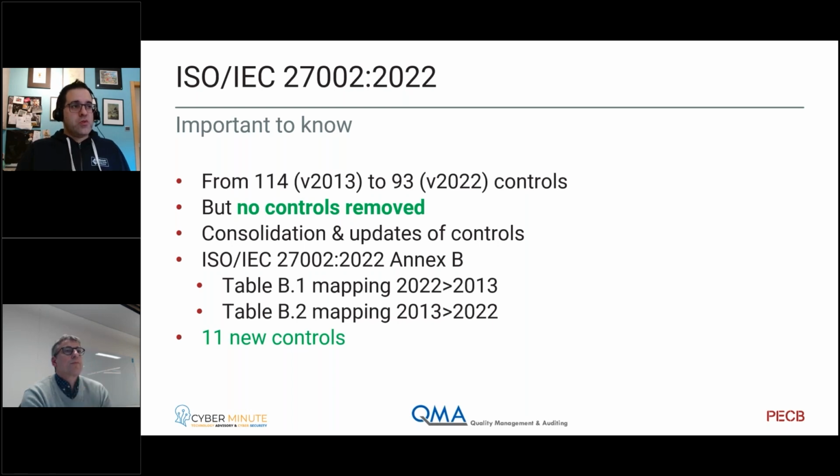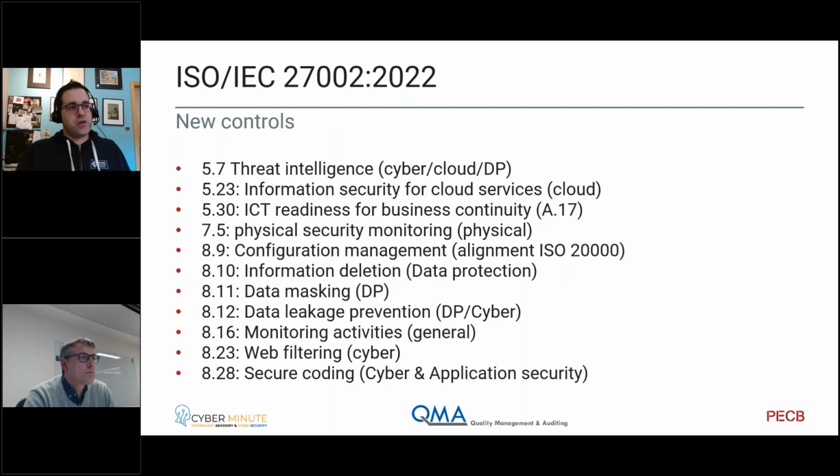Very important to know, not only have we been reducing from 114 controls to 93, strangely enough, there will be also 11 new ones to implement. It should not be a surprise, because in many implementations, they are already implemented one way or another.